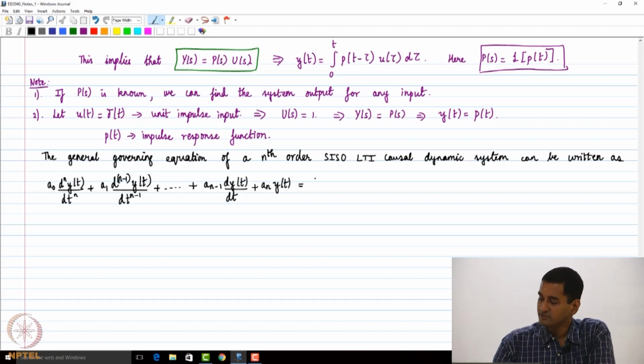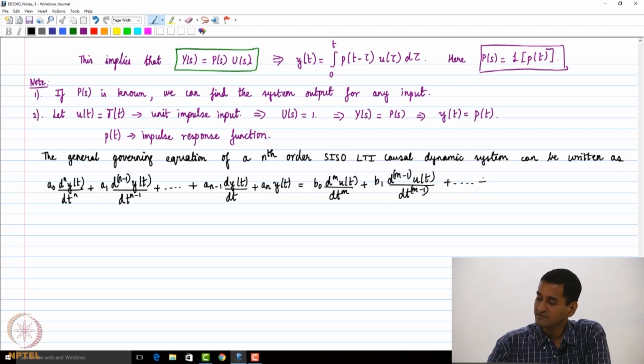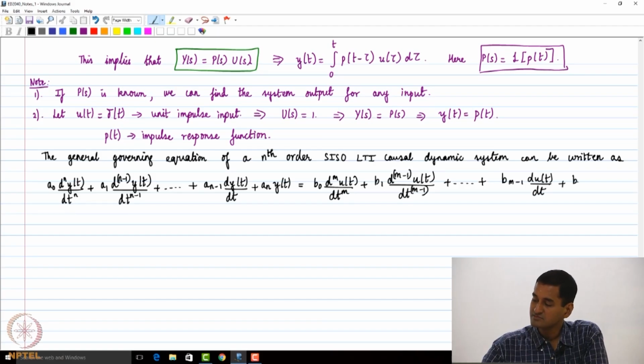That is going to be equal to b0 d^m u(t)/dt^m plus b1 d^(m-1) u(t)/dt^(m-1), plus all the way till b(m-1) du/dt plus bm u(t).